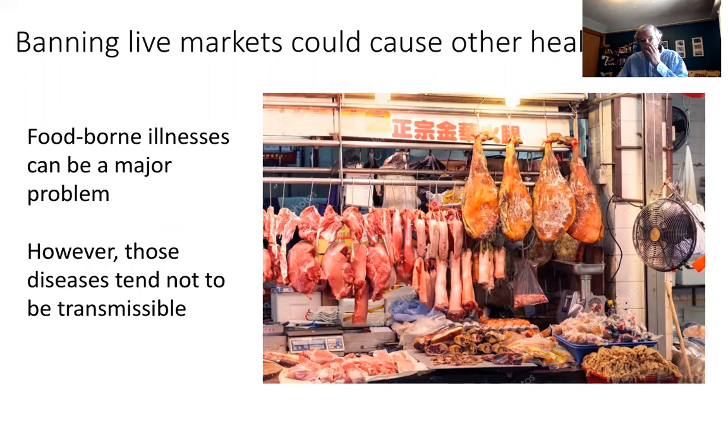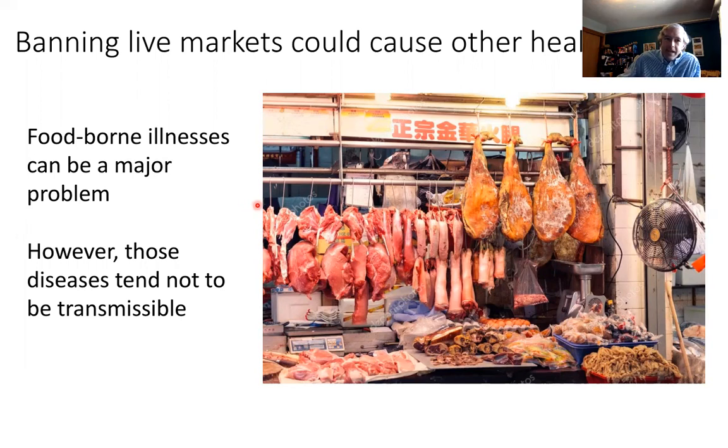So although banning live animal markets might reduce zoonotic diseases, it can monstrously increase things like listeria, salmonella, and things like that. Now, one thing to remember is, although these diseases can be very problematic and very deadly, those foodborne illnesses tend not to be transmissible in the same way something like bird flu or COVID-19 is.